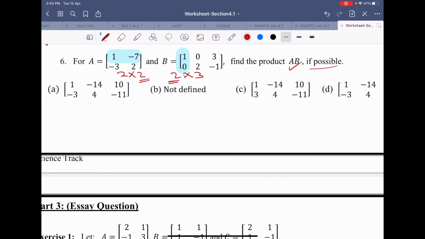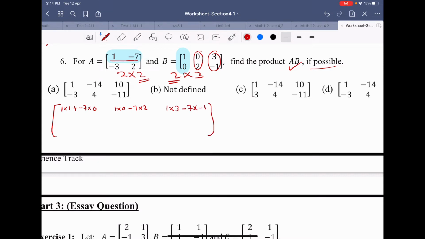So this would be 1 times 1 plus -7 times 0. Then I will use the first row with the second column for the second element: 1 times 0, then -7 times 2. Then the first row also with the third column: 1 times 3 minus 7 times -1.